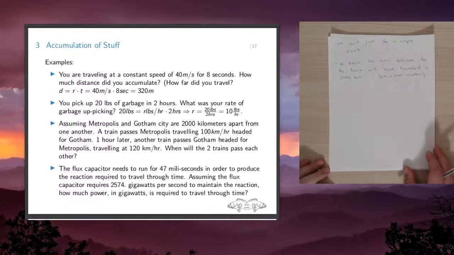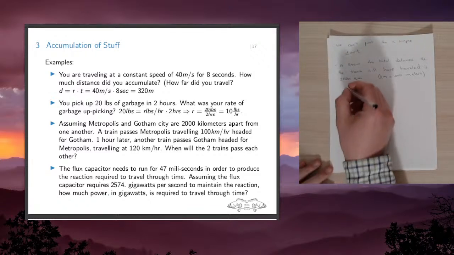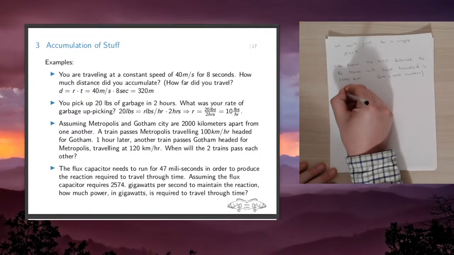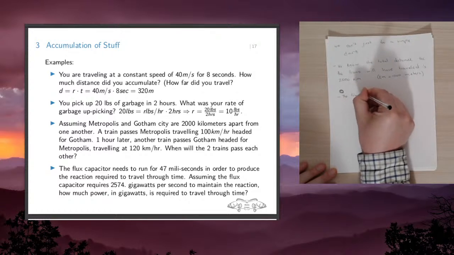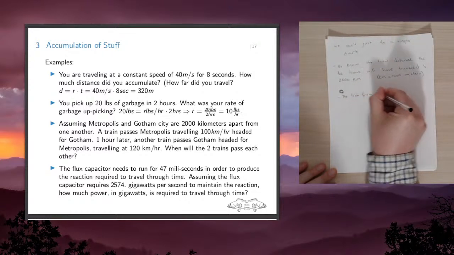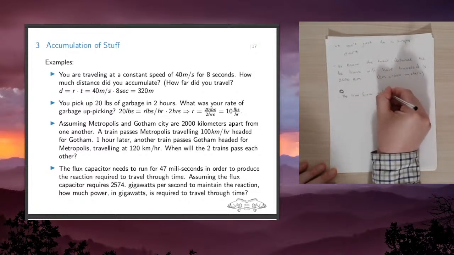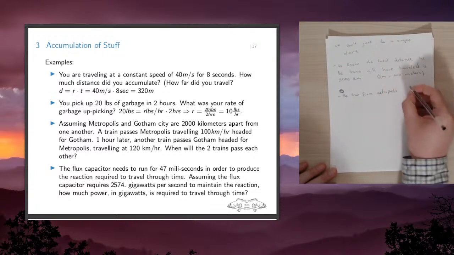More importantly, we also know that before the second train is doing anything, at least in terms of our problem here, there's an hour where the first train is going, but the second one isn't really. So let's call the train from Metropolis the one that leaves an hour early.